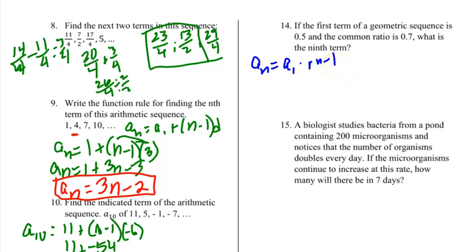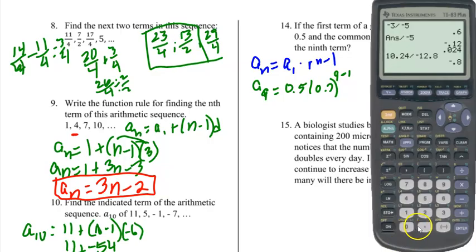So we're finding the ninth term, so a subscript 9 equals, the first term is 0.5 times the common ratio of 0.7 raised to the 9 minus 1 power. So on my calculator, we have 0.5 times 0.7 raised to the 9 minus 1 is the 8th power.